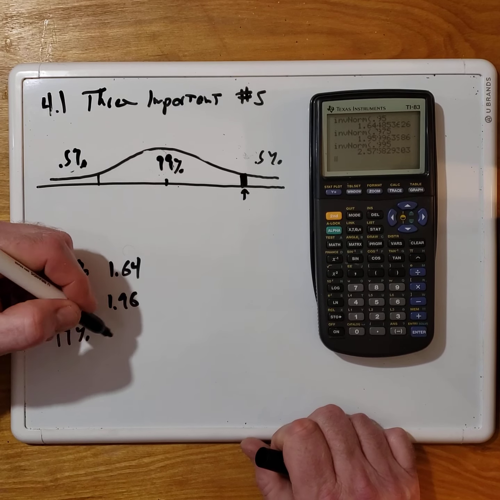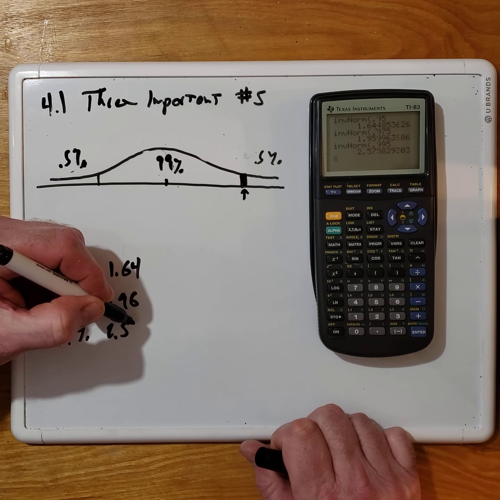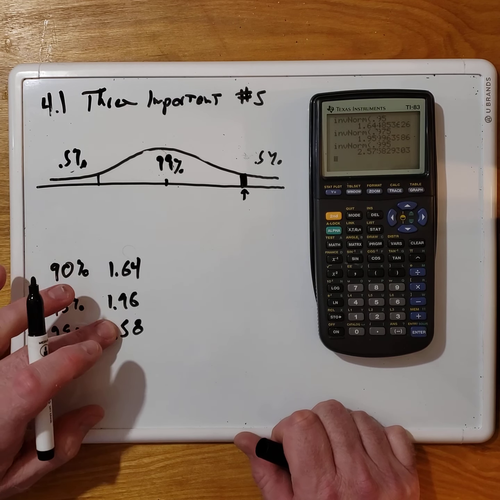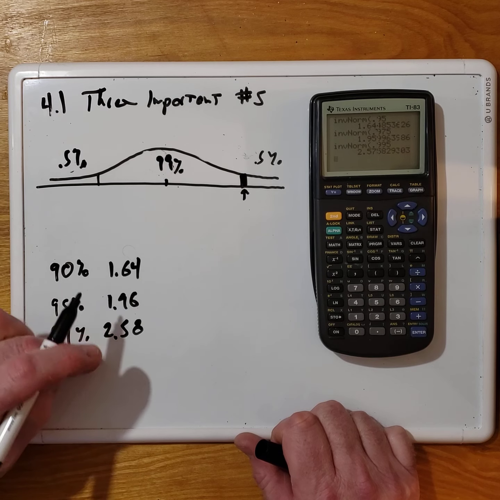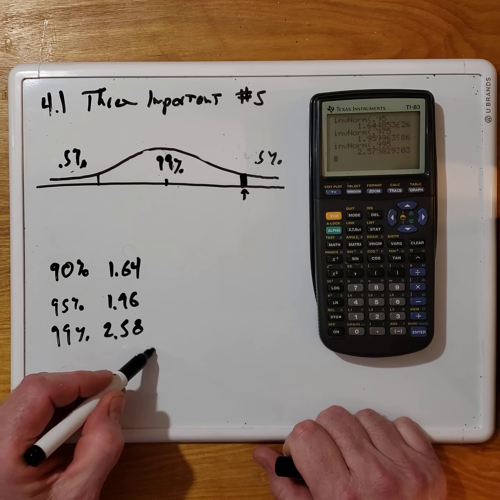And that tells us that if we go out 2.575, so we'll round that up to 2.58. If we go 2.58 standard deviations in each direction from the mean, we will capture 99% of the population.